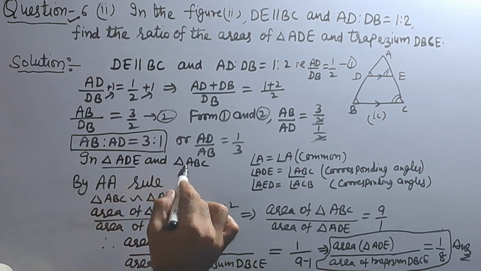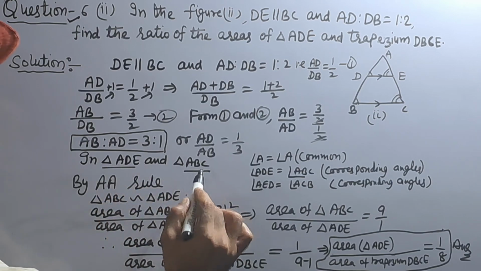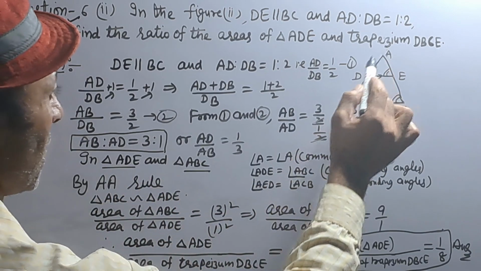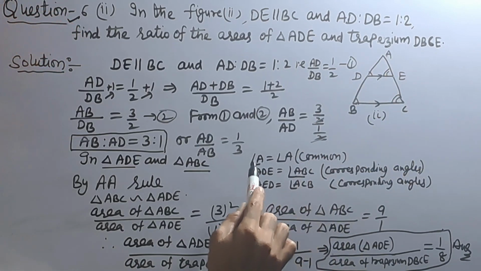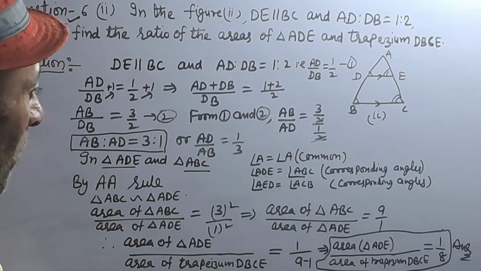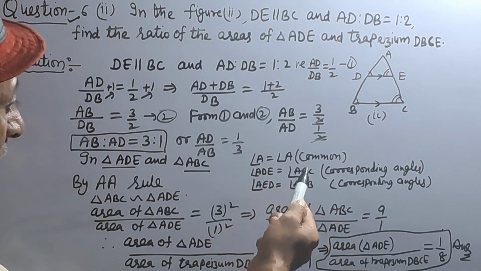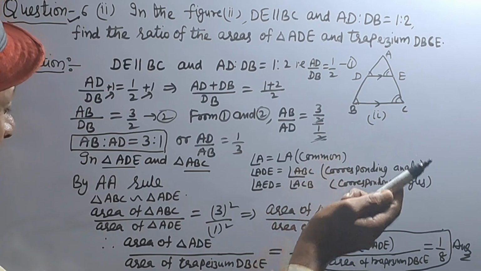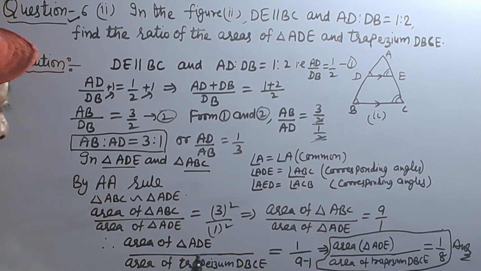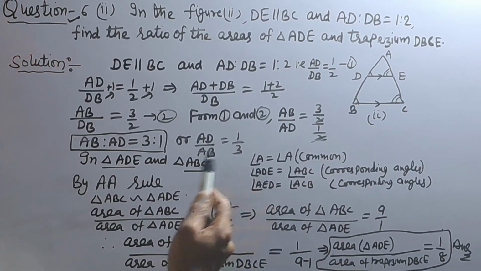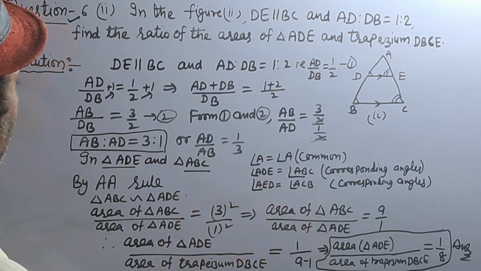In triangle ADE and triangle ABC, angle A both side common, and angle ADE is equal to angle ABC, and that is corresponding angles. AED is equal to ACB, corresponding angles.